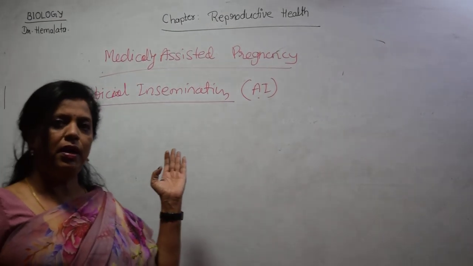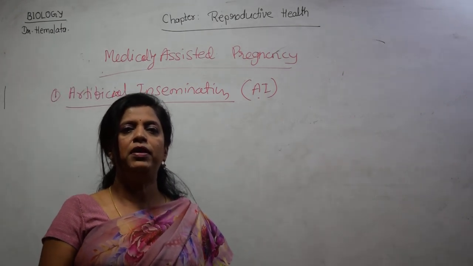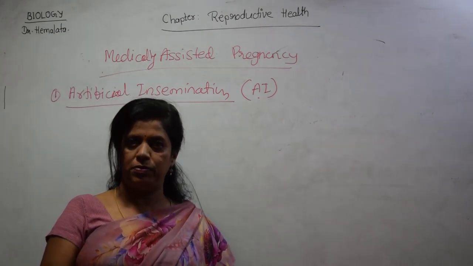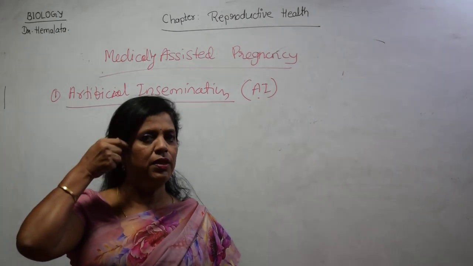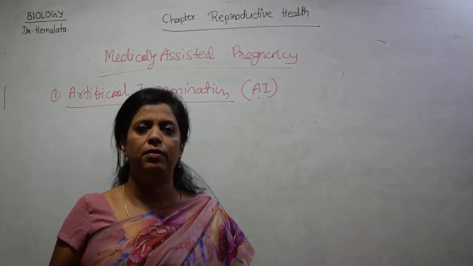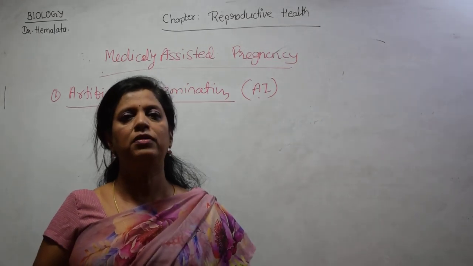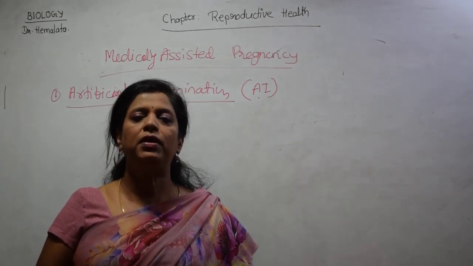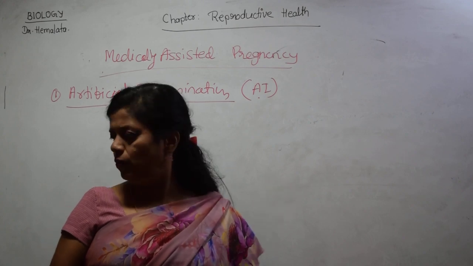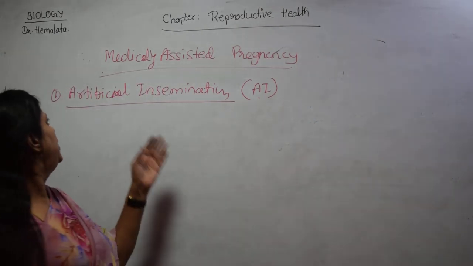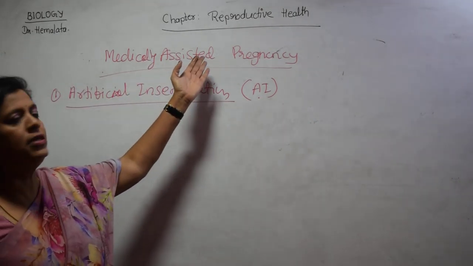Then, as I explained to you already, there are various ways in which men and women may become sterile. There are new methods, through medical ways, by which they can overcome the sterility. What are those methods? That I'll explain to you. Now, one of them is called a medically assisted pregnancy.